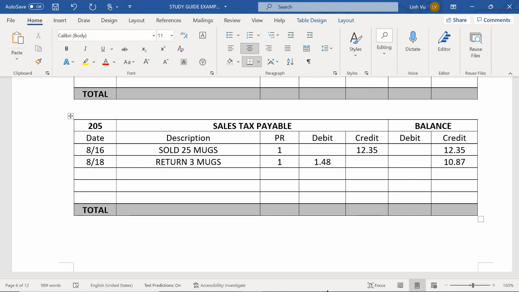Okay, so we have the sales tax. So 50 coffee mugs to customer A. How much was the tax?